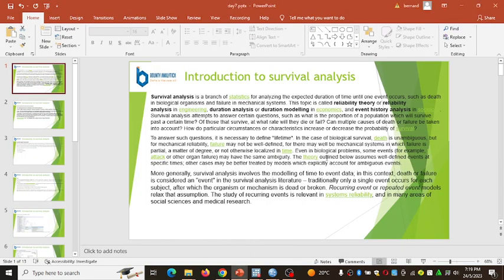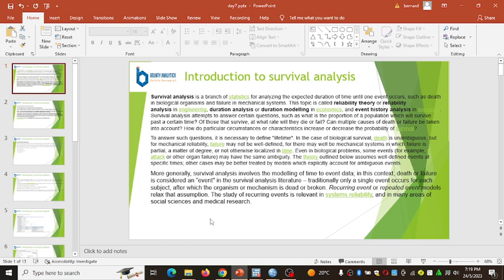So those are some theories that go hand in hand in survival analysis. The theory outlined below assumes well-defined events at specific times. Other cases may be better treated by models with explicit accounts for ambiguous events.